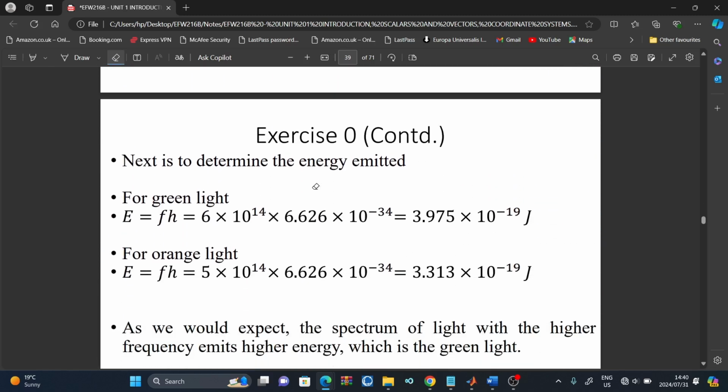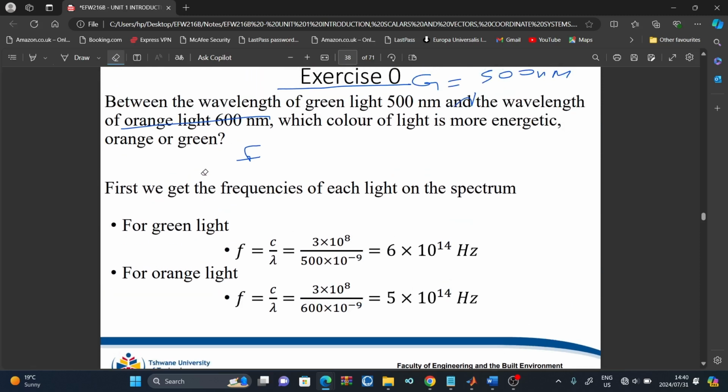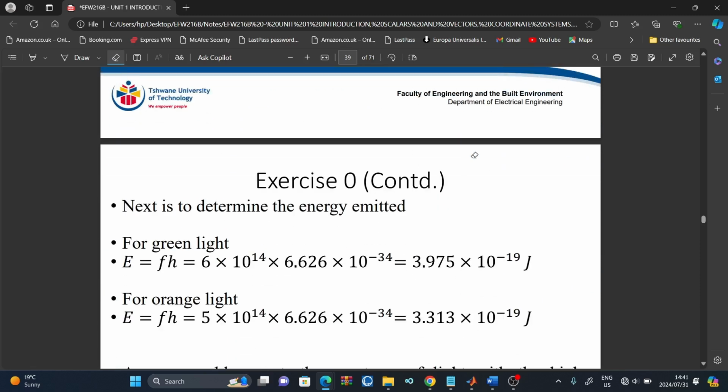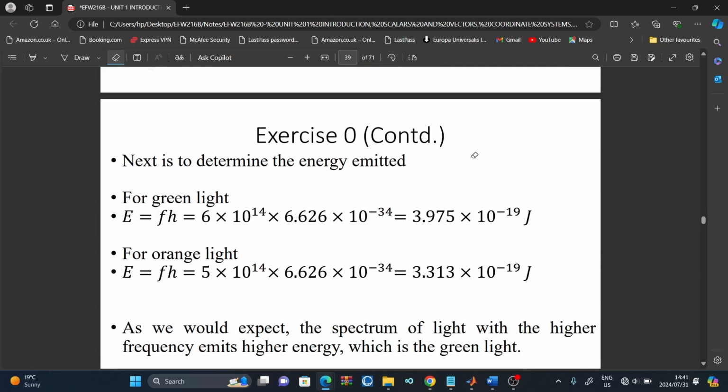Even in the next part, they ask you to calculate the energy of the system. You use this formula, E equals h times f, where h is given, times 10 to the power of, it's given.